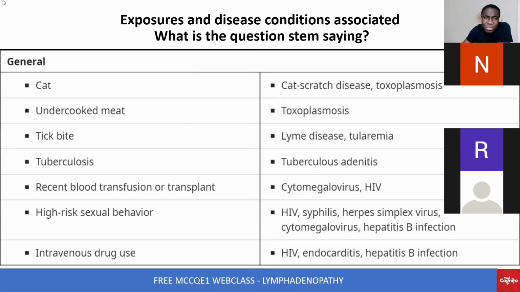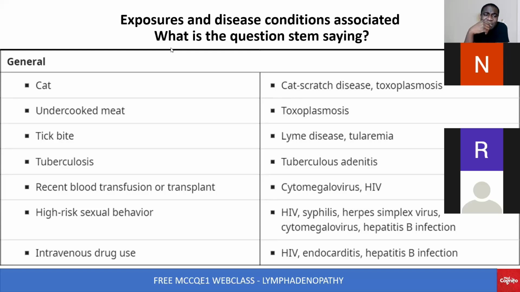For example, if a patient comes to you in the clinic and in your evaluation, you know that the patient has lymphadenopathy.